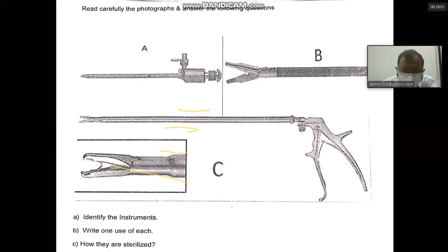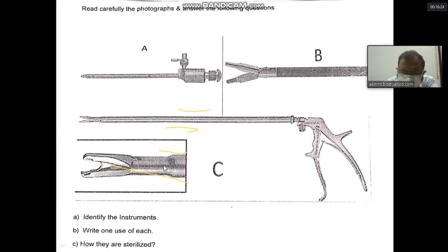See it carefully. The shape of the instrument tip is like the dolphin nose. Have you seen? Can you identify? This is the dolphin. So it is called dolphin nose forceps.